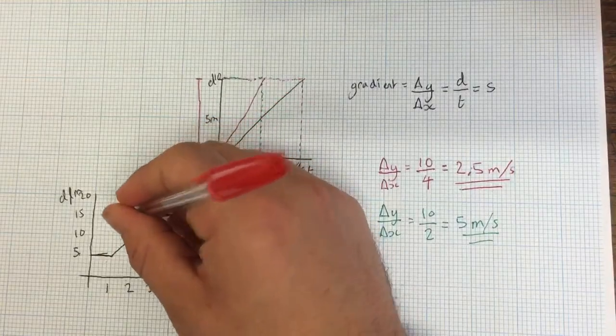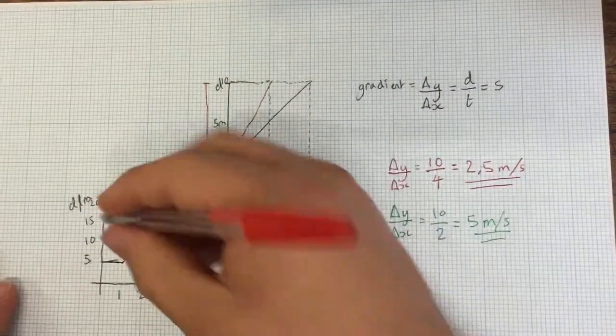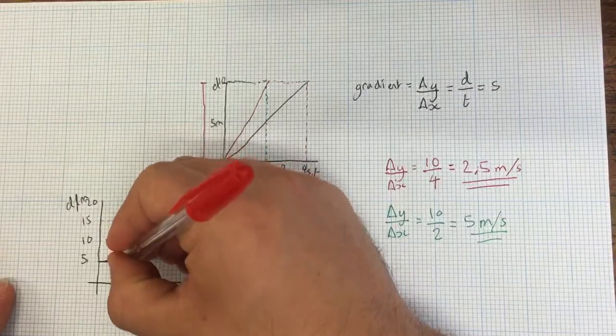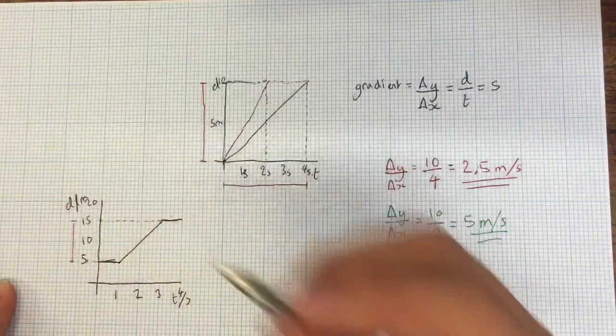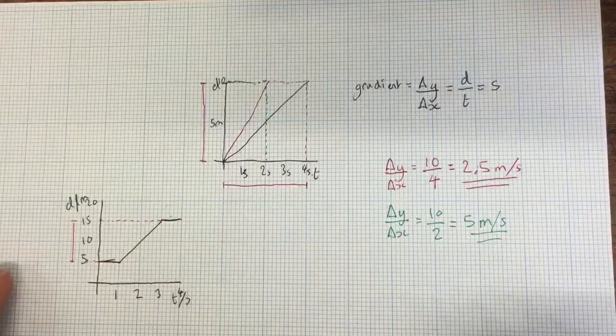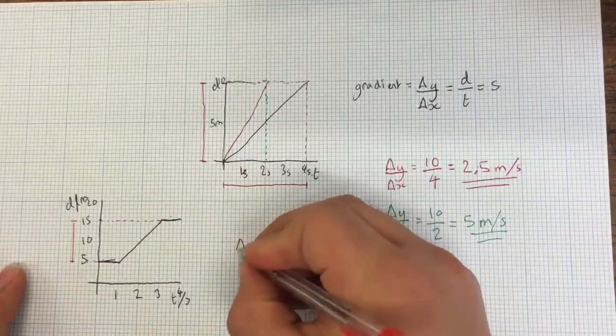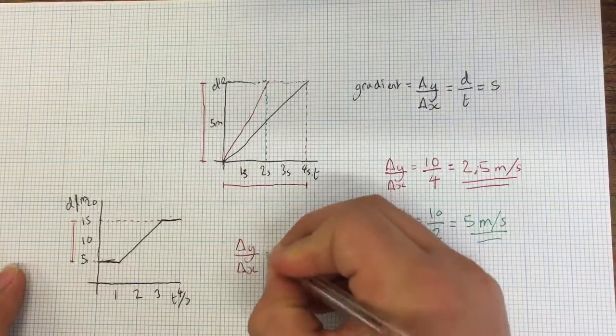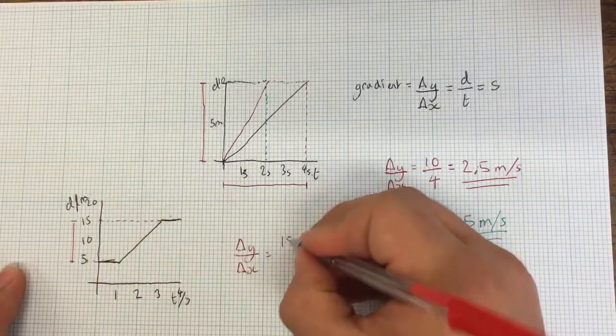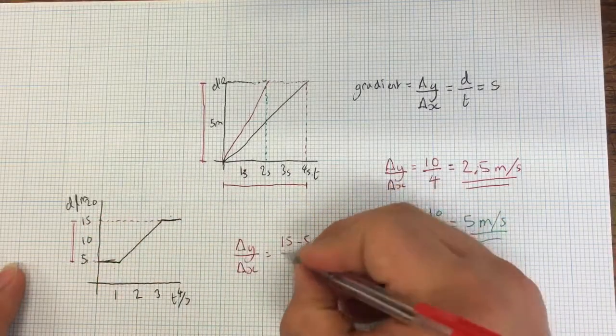So I look at the change on the y-axis, which I can see is from 5 up to 15. So my change in y is 15 minus 5.